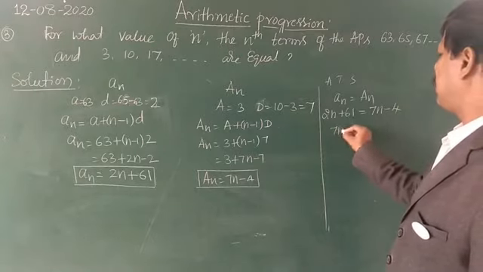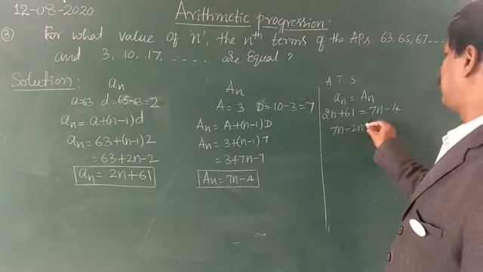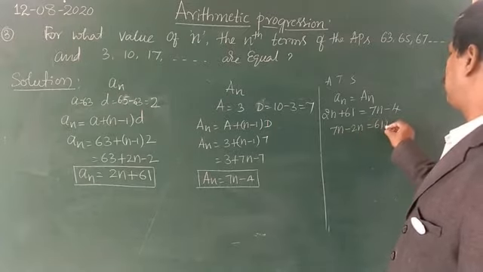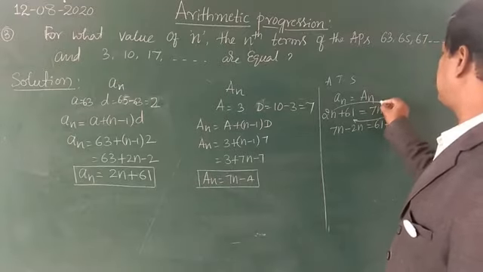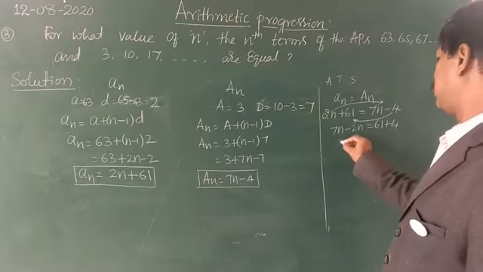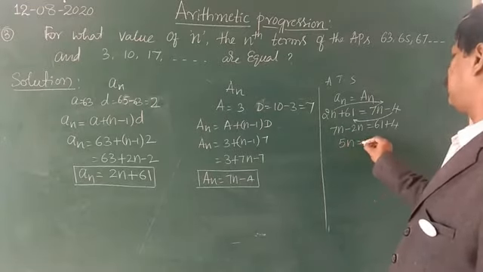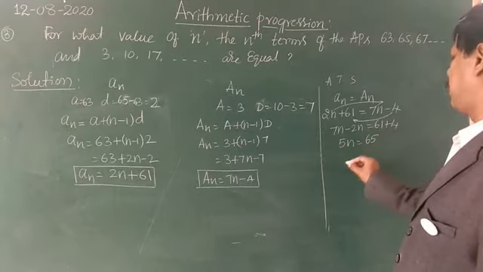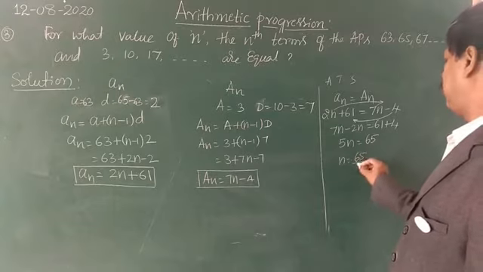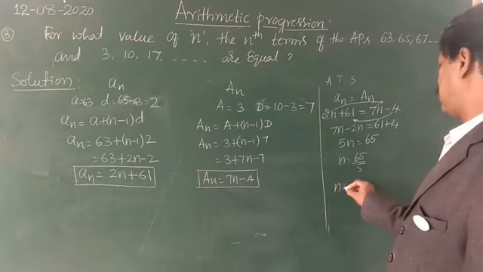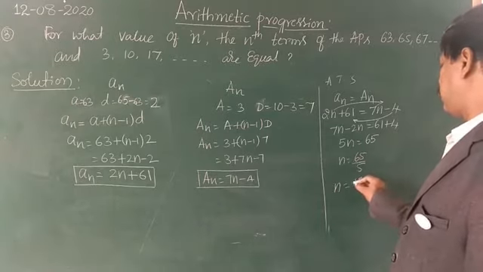Then 7n minus 2n is equal to 61 plus 4. This is shifted to this side and this is shifted to that side. So this is 5n is equal to 65. Then n is equal to 65 by 5. So n is equal to 13, since 5 thirteens are 65.